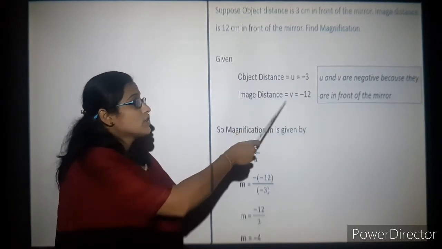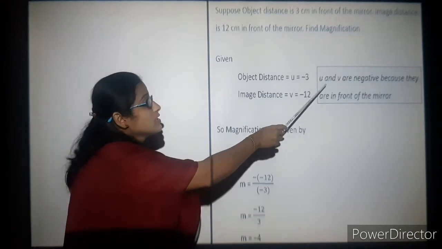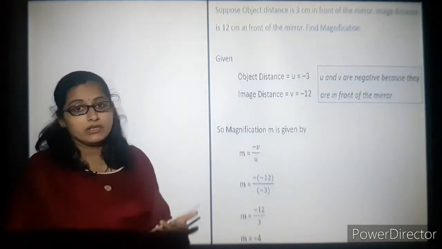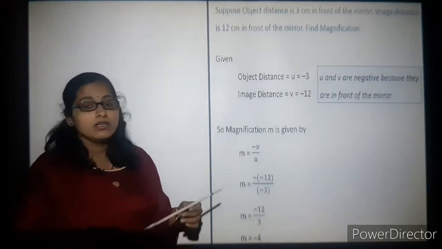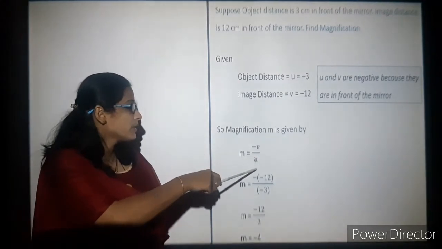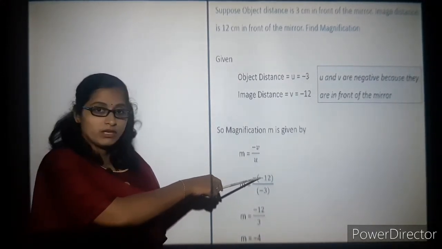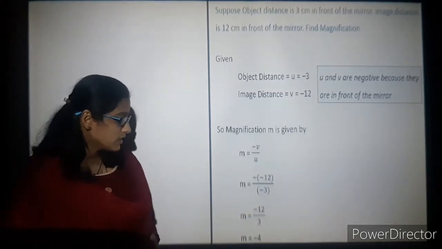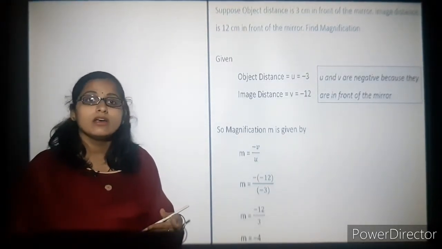Image distance V also is negative, so it's -12. U and V are negative because they are in front of the mirror. Magnification M, as per the rules, is -V by U. So 12 by -3, this minus goes up, and you can see that the magnification is -4.